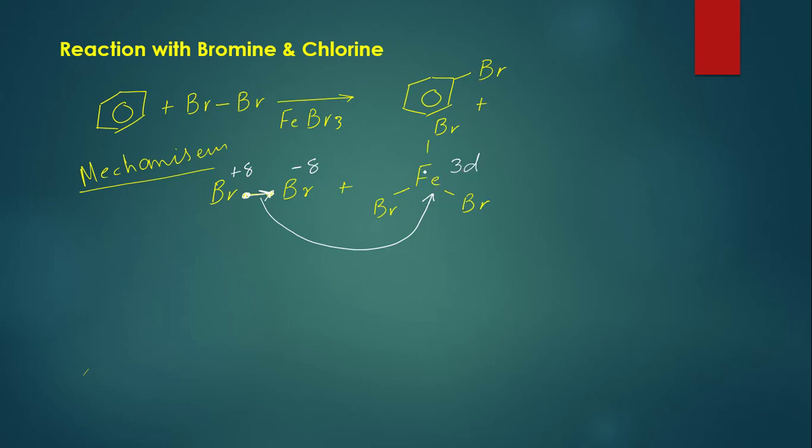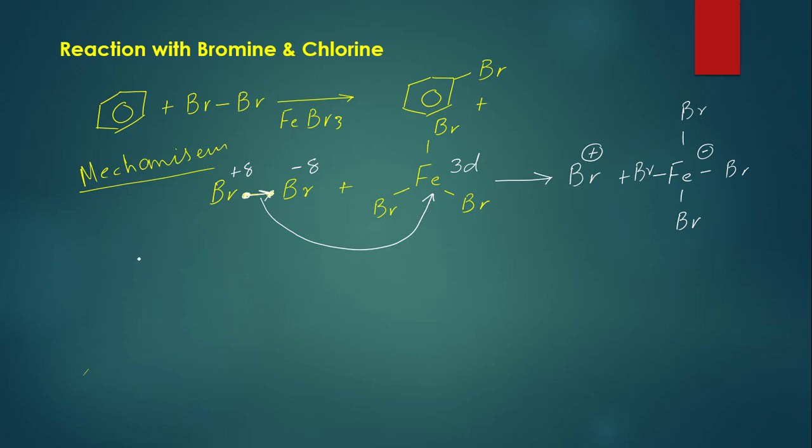Now the 3d orbital of this iron accommodates these two electrons, and it makes bromine positive, which is our required strong electrophile, and we get FeBr4, Fe 1, 2, 3 and 4, and we get this FeBr4 having a negative charge on iron as a whole molecule. So this is our required strong electrophile.